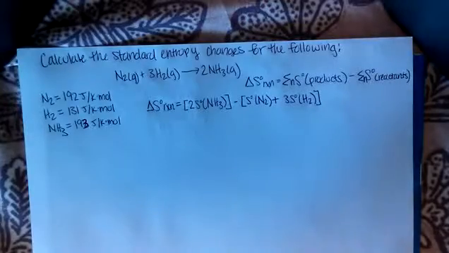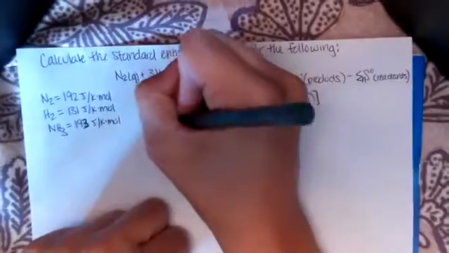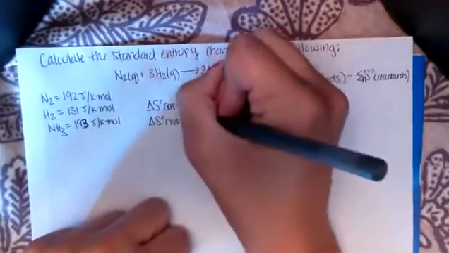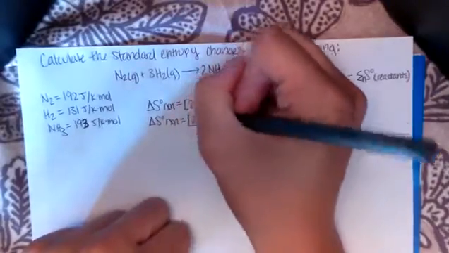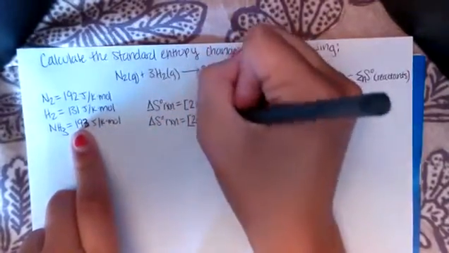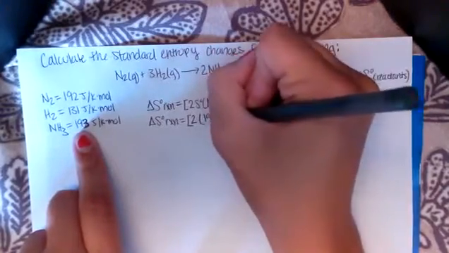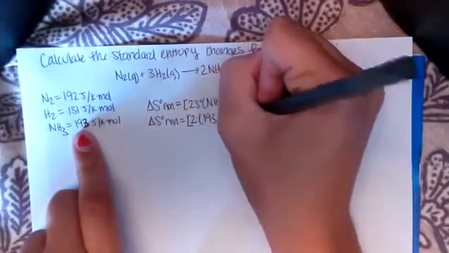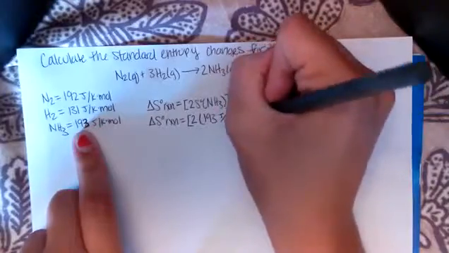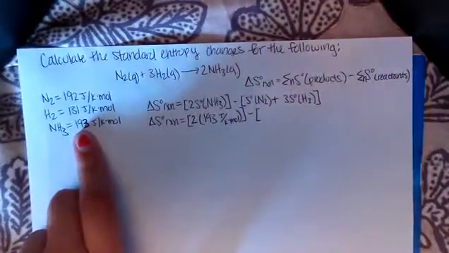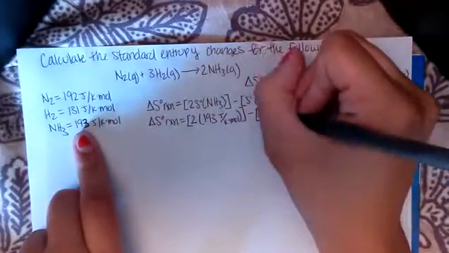And the next step is very easy. You're just going to plug in your values. So the change in entropy of the reaction is equal to 2 times NH3, 193 joules per mole. And then you're going to minus it times your reactants.